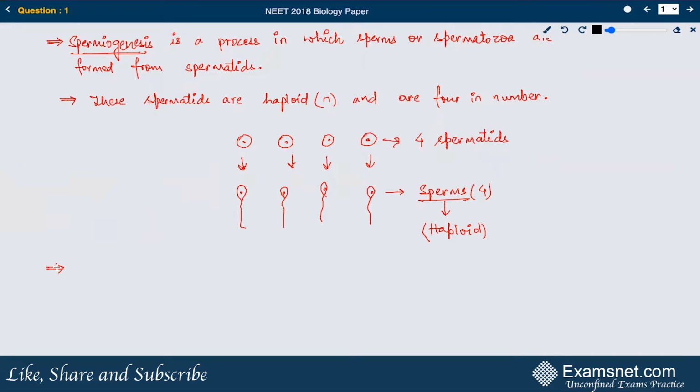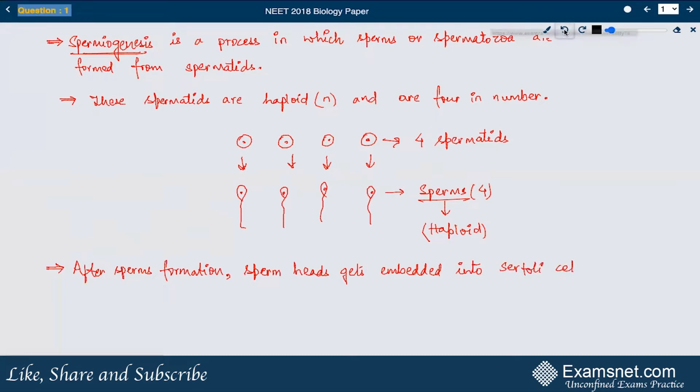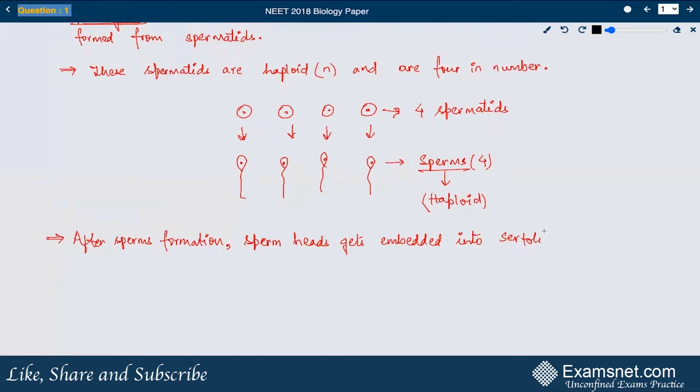So once these sperms are formed, their heads get embedded into the Sertoli cells for nourishment, because these cells will be providing nourishment to the sperms.